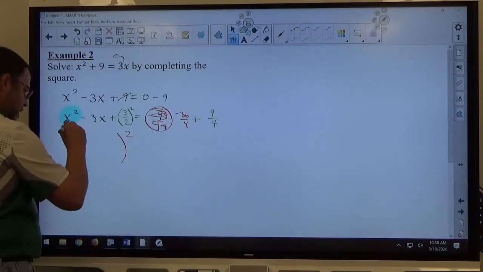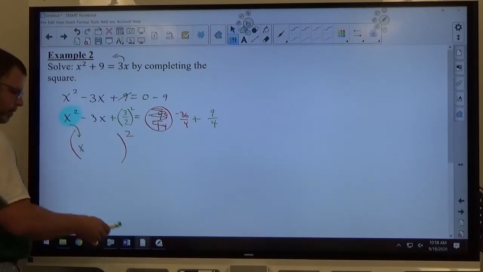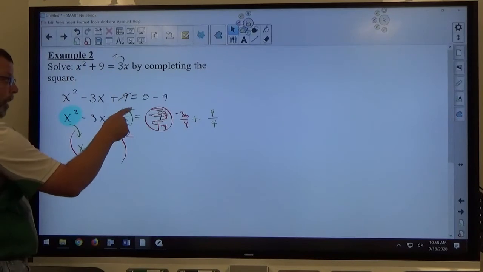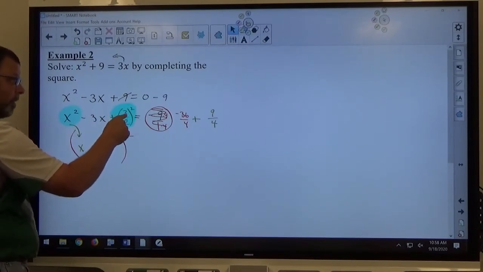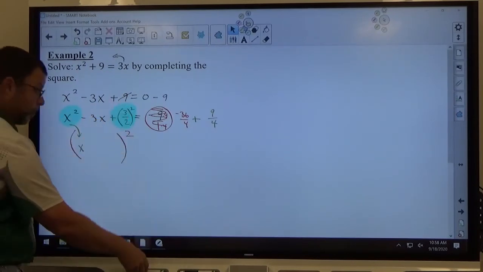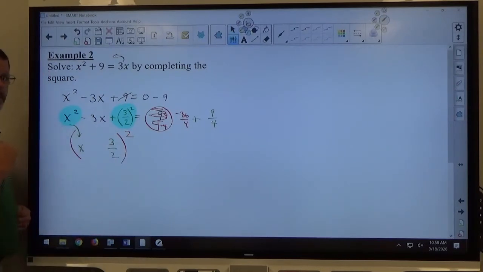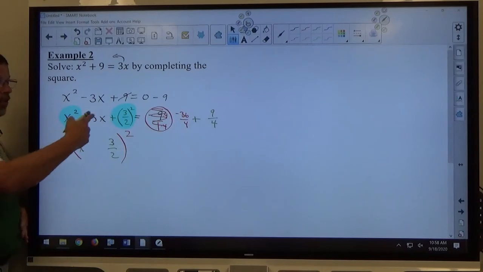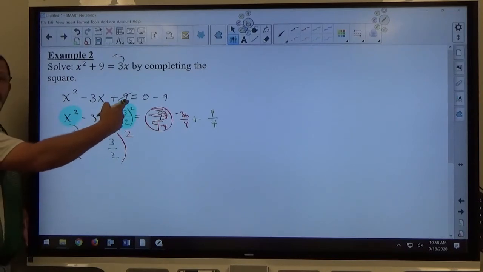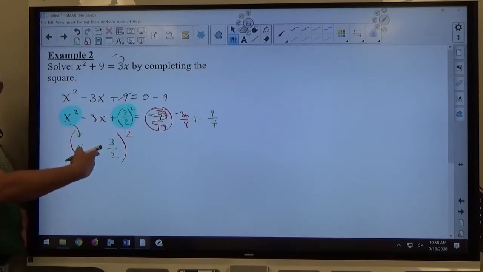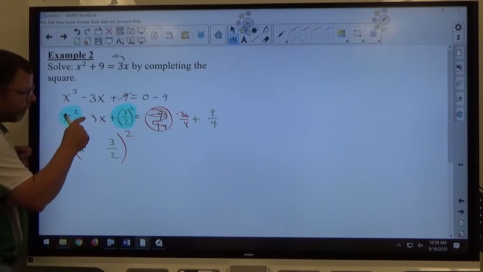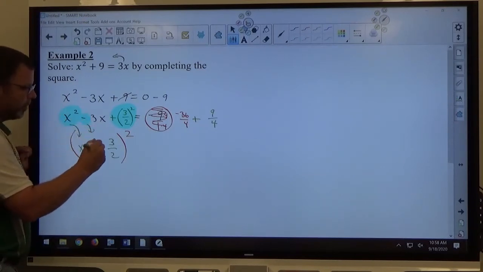That's what goes here. Object 2 is whatever this is, square rooted, or in this case without the square on it, so 3/2. If you actually square it, you have to take a square root. If you have something squared, then you just write the something. Object 3 is whatever this sign is, which goes in between.